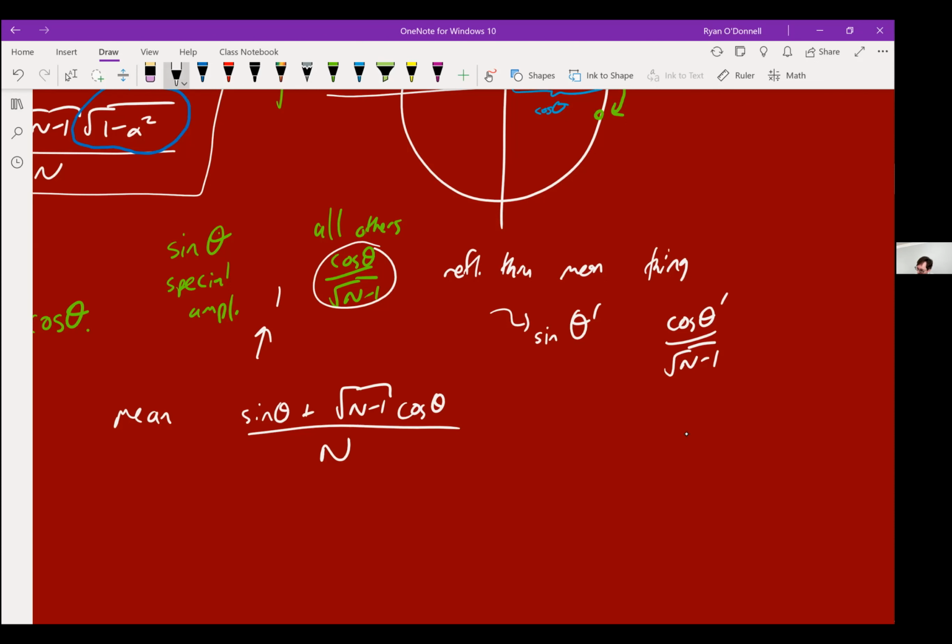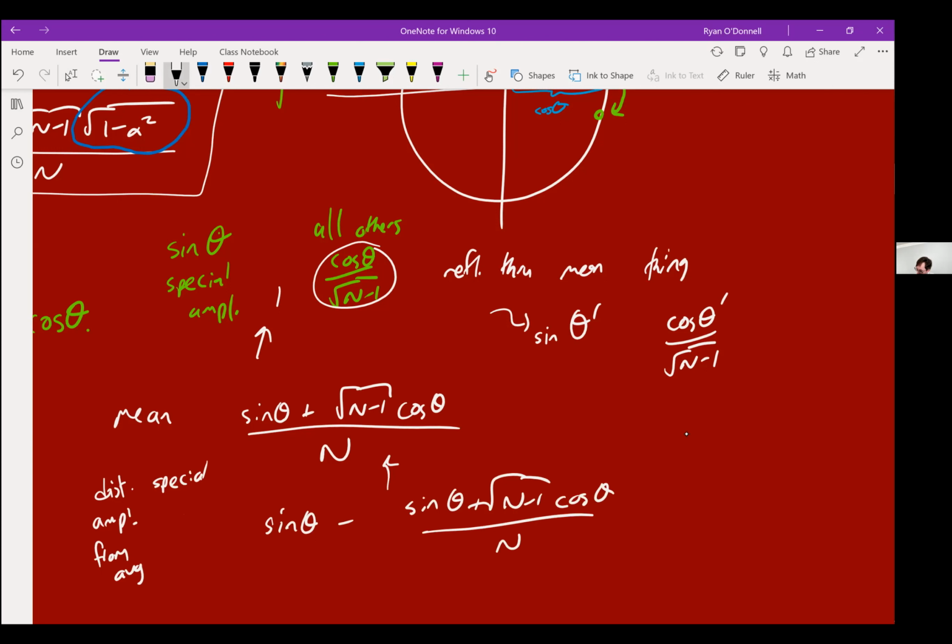Yeah, it's not amazing. So then the sine of, like, your distance of the spatial amplitude from the average is like sine theta minus this thing, sine theta plus root n minus 1 cos theta over n.